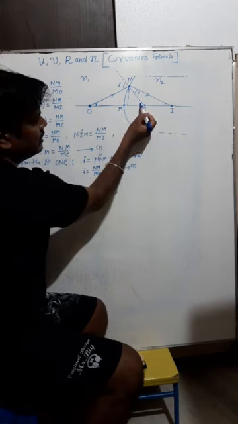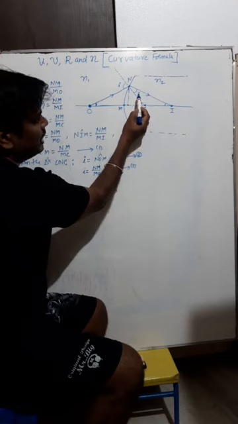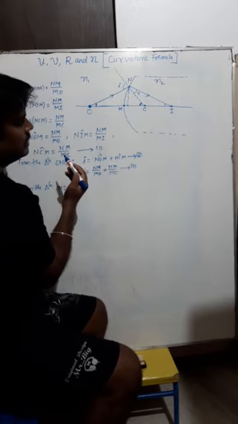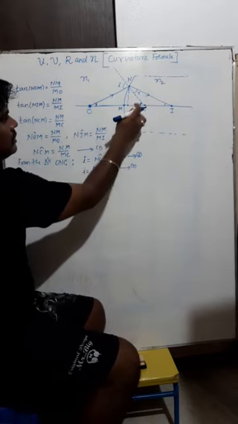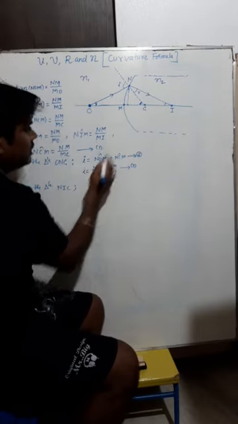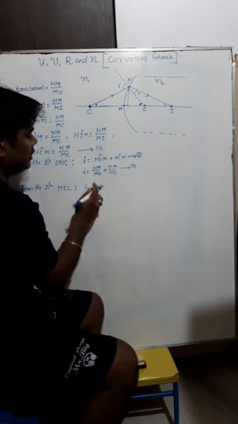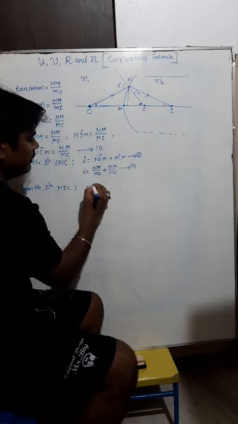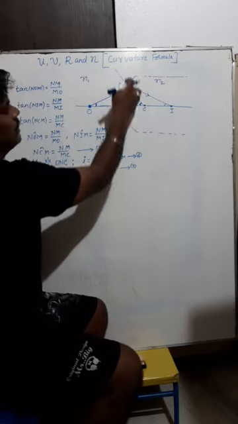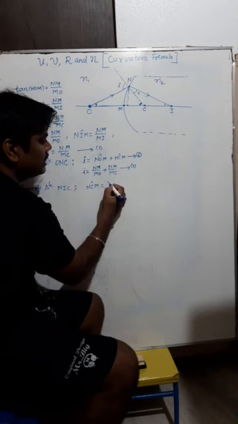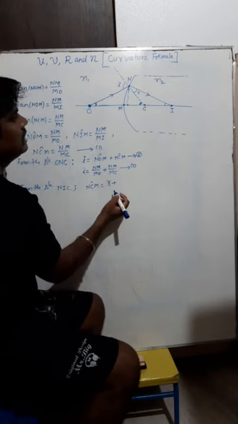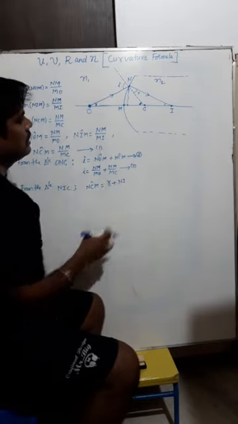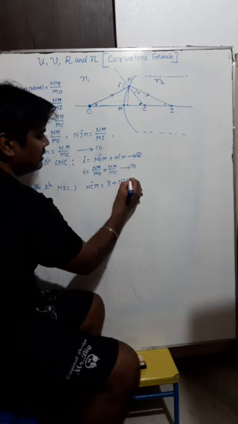For this exterior angle, the opposite interior angles are R, the angle of refraction, and NIC. I will repeat the same condition here also. Therefore, angle NCM is equal to the sum of the opposite interior angles, one is R, another one is angle NIC, or else you can also write NIM. I will consider angle NIM here.